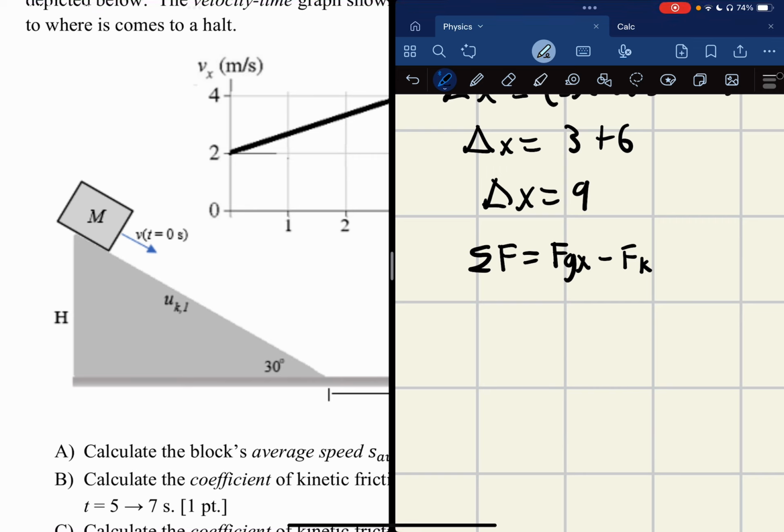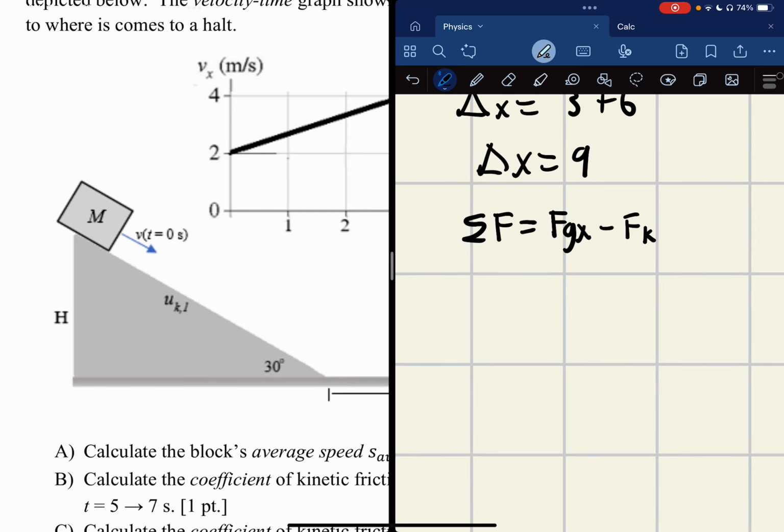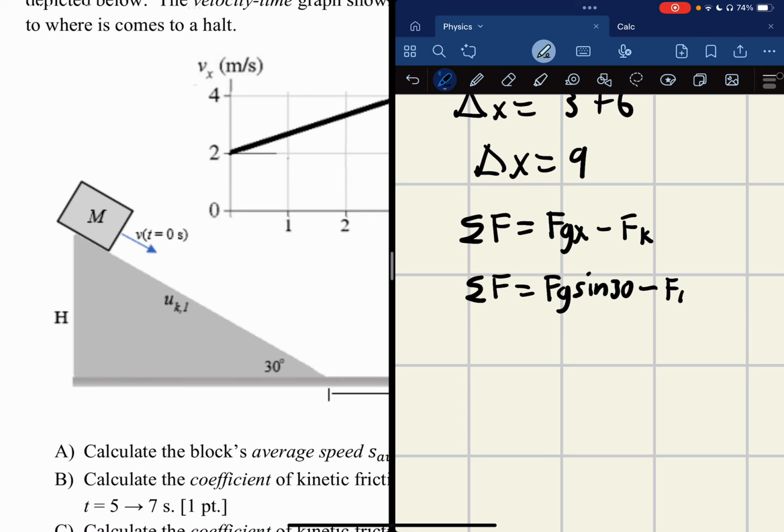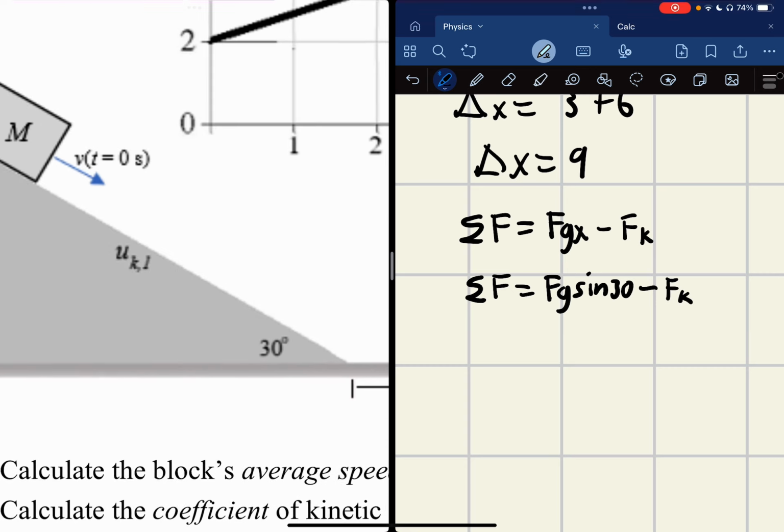Alright, so we know that Fgx is equal to Fg sine 30. We plug in the values we know.